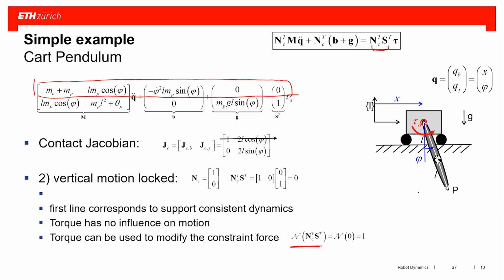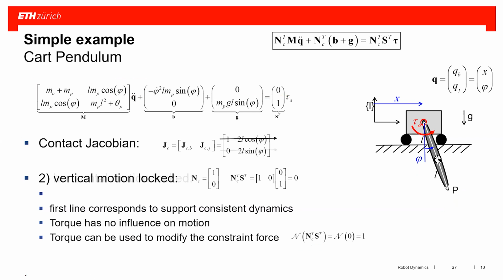This is also intuitively clear. If the motion is locked in vertical direction, I can move my cart in X direction, and independent of what torque I apply, I can just move it freely. Everything is friction free. If I change my torque, all I'm changing is my reaction force.